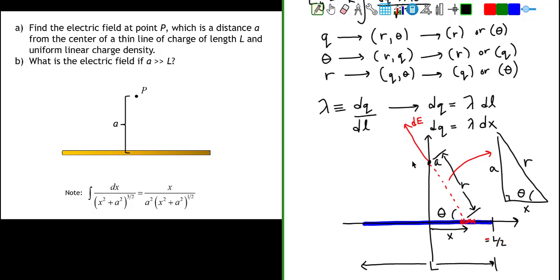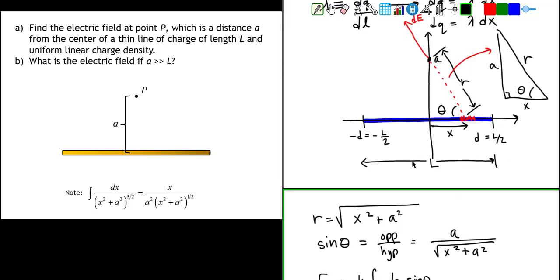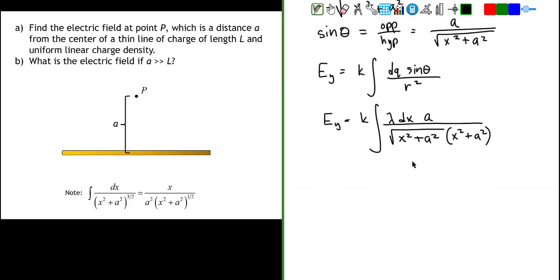I'm going to just go ahead and call L over 2 d. And the distance from the left end of our charge to the origin is L over 2 as well. So our limits of integration become minus L over 2 to L over 2, which I'm just going to call from minus d to d.